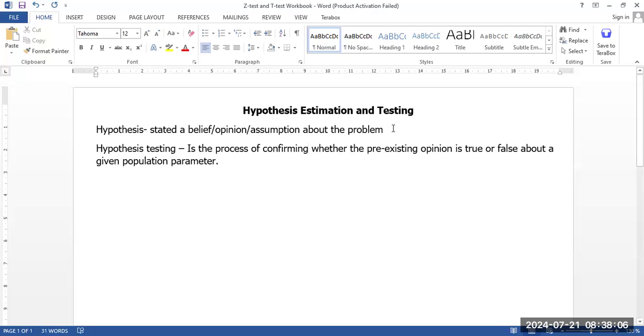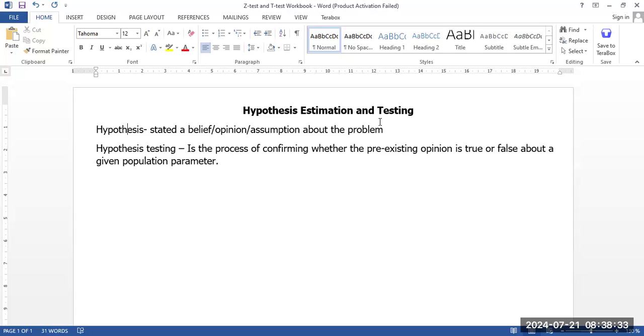If you state that, I assume that for students to pass, they must have read and understood, that is your assumption. Or you assume that people who pass this subject are female students.